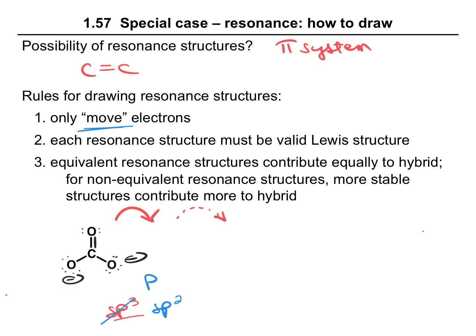So imagine we are starting with this pair of electrons, and now imagine these move here, and then that pushes these electrons up here. So that will give us another resonance contributor that looks like this. We now show a double bond here, single bond here, extra lone pair up here, and now the negative charge is on this oxygen.